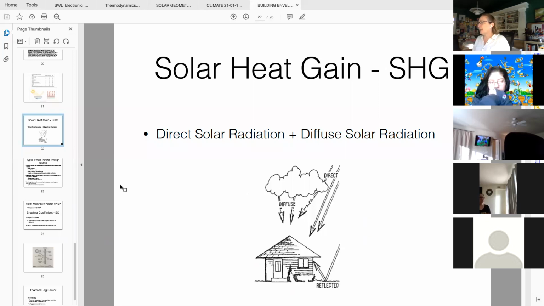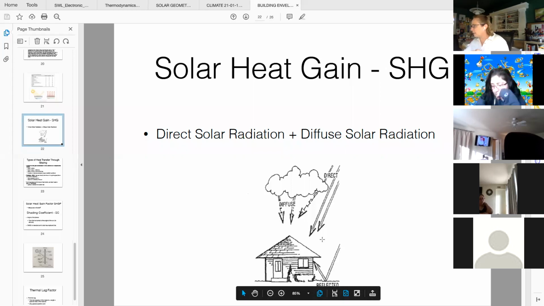But solar heat gain is a combination of the direct solar radiation coming directly from the sun, as well as the diffuse solar radiation that is being scattered throughout the atmosphere. And don't discount possible solar radiation that's being reflected to your building. We were just talking about this with the Disney Concert Hall.